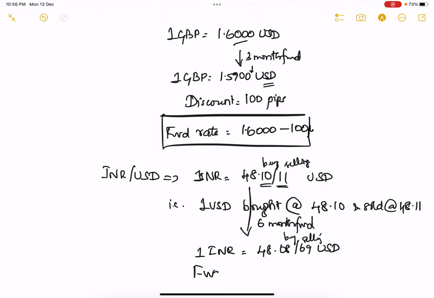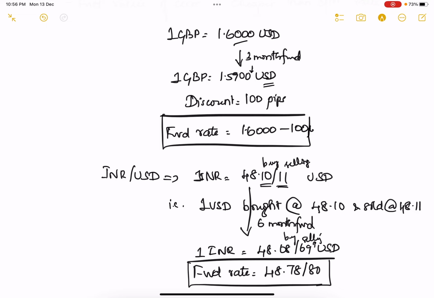So therefore forward rate is, as I told you, an increase in the value of currency is premium. So forward rate is 48.78, because if it is a premium we are going to add the value. So 48.10 plus this 48.68 will give you the buying rate, and 48.11 with this 69 will give you the selling rate.